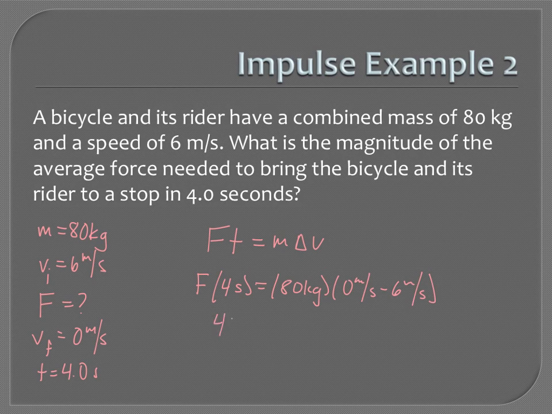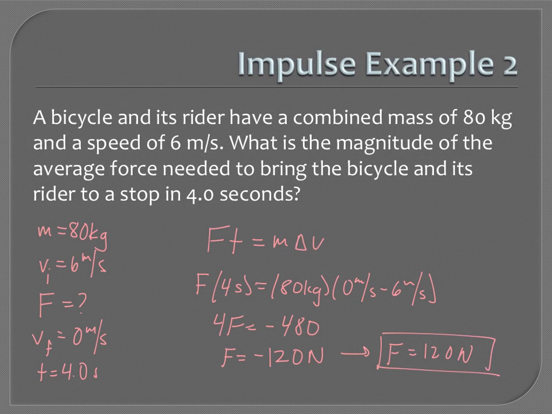So 4F is equal to negative 480, and F is then equal to negative 120 newtons. Negative means it's acting in the opposite direction, but we're only looking for the magnitude, so we just need this. Forget the sign, forget the direction, we just need magnitude.